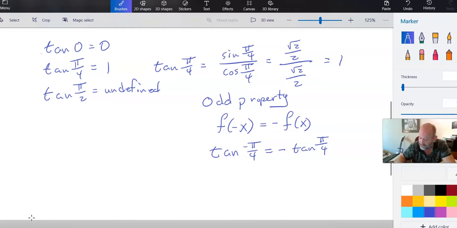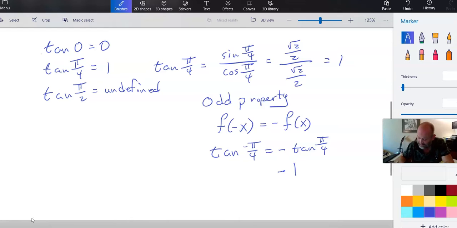And so we know tangent pi over 4 is 1, so this answer is now negative 1. Basically what this is saying in terms of the functions is that if I know tangent of something, like pi over 4, is 1, then if I take tangent of the negative of that angle, the answer I get is the negative of the answer. And that's just what I did here.